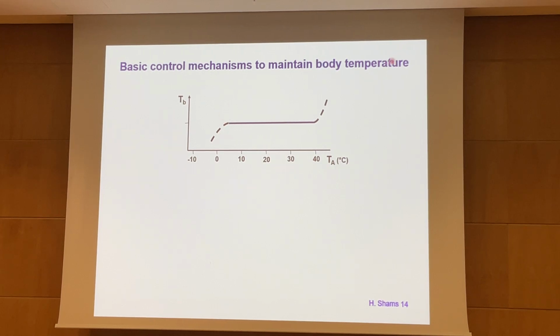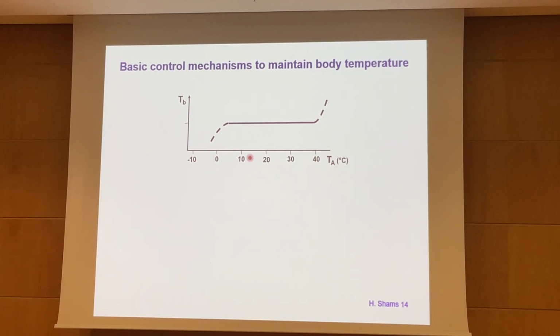It is horizontal. It means that at environmental temperatures between 5 and 40, the body temperature is very well regulated to a constant value of 37.